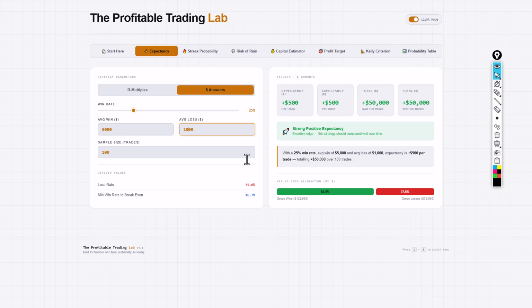Now from the numbers, you know that before you are expected to gauge the performance of a trading strategy, you need to take a large sample of trades, and in this case we're preparing for like 100 trades. Before we do anything else, you know that the minimum win rate you need just to break even is around 16%. So if you're able to give your trading strategy that 25% win rate, you're going to have a very, very positive expectancy trading strategy, which is like $500 per trade.